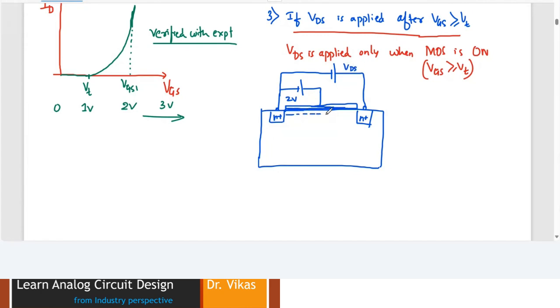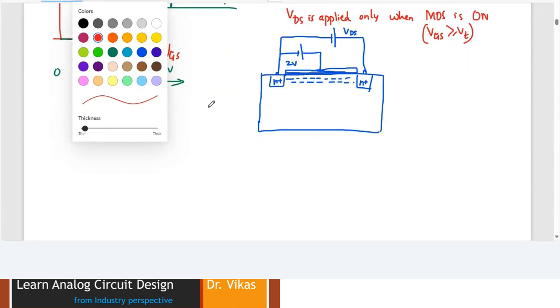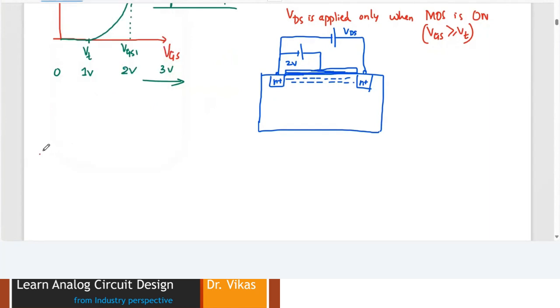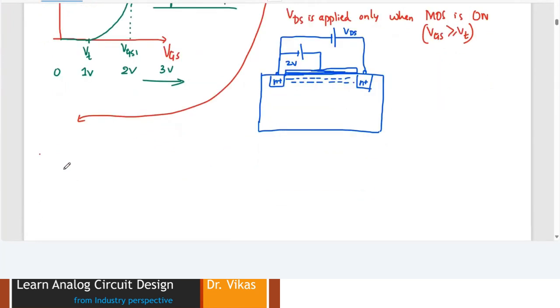There is this channel being formed. Now, a couple of things that we are supposed to understand here, and this condition is very, very important. This is a subset of this condition, say 3A: if VDS is increased, simple. Now the bridge is built and it is open to the public.